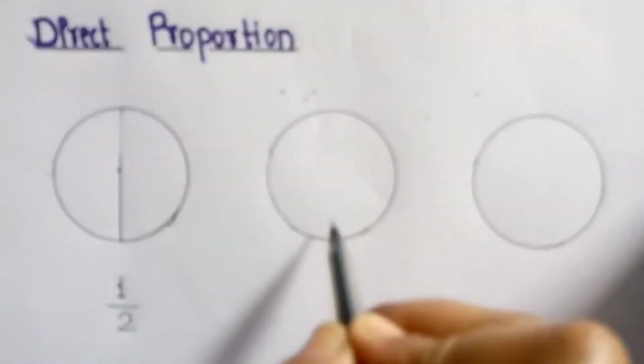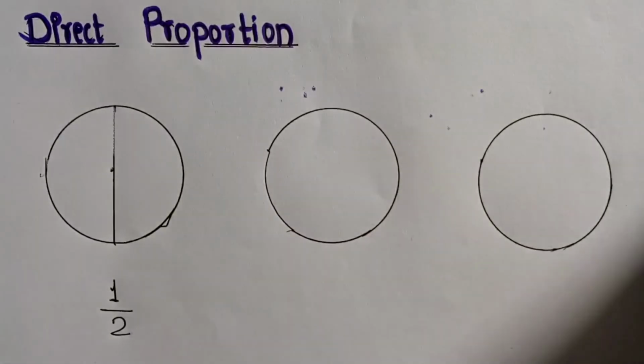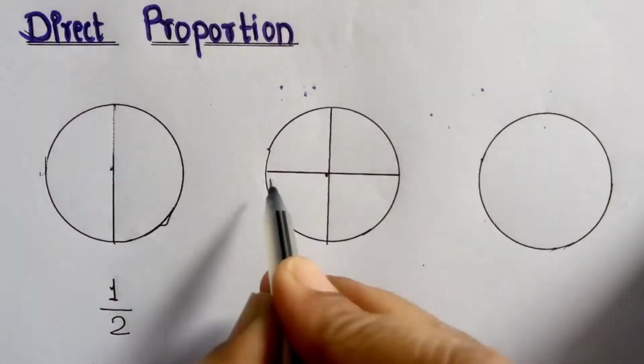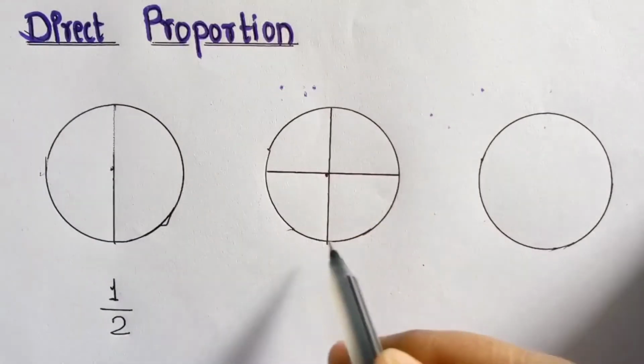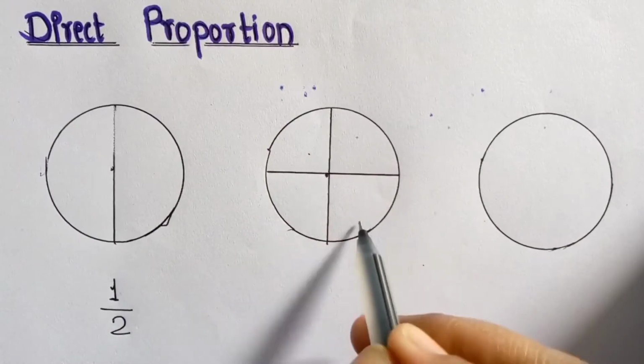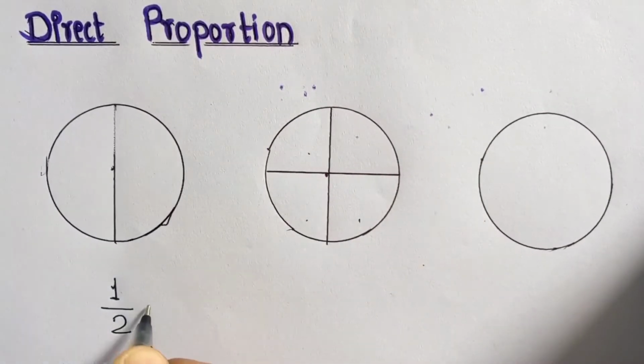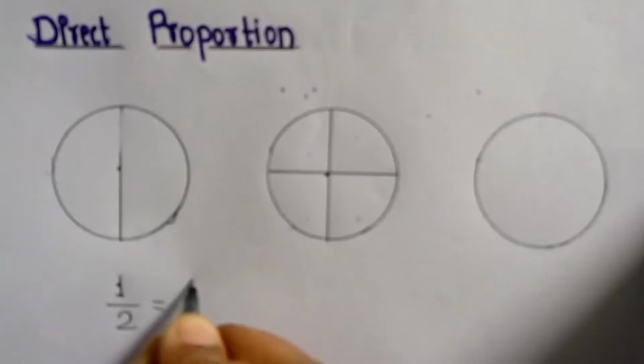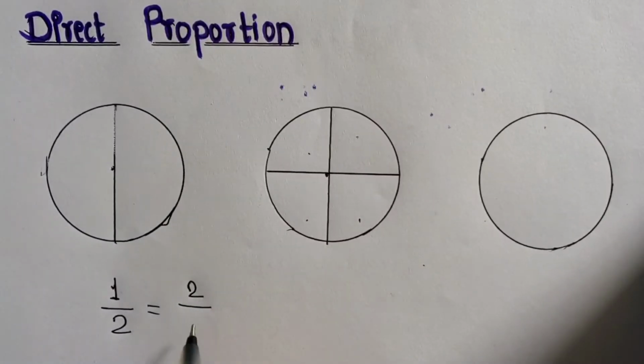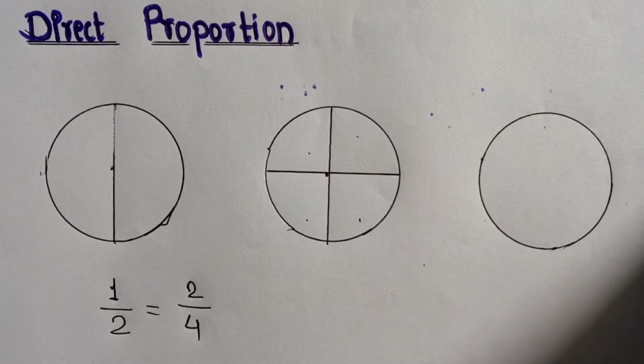If we draw two diameters, the circle is divided into 1, 2, 3, 4 parts. So 2 diameters, 4 parts. If I draw one more diameter, there are 3 diameters.